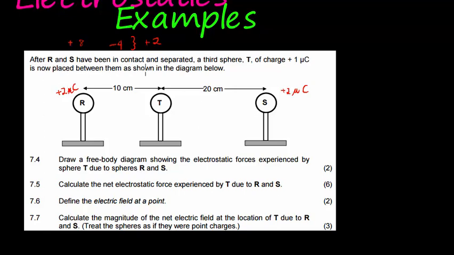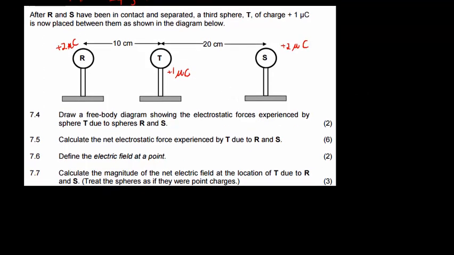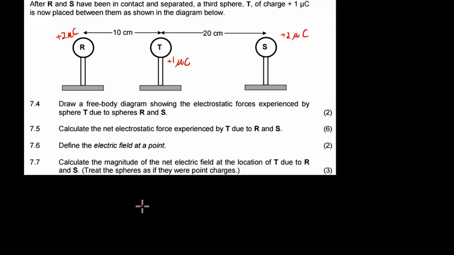After R and S have been in contact and separated, a third sphere T with a charge of +1 microcoulomb is now placed between them as shown in the diagram below. Draw a free body diagram to show the electrostatic forces experienced by sphere T due to R and S. So the free body diagram would just be like this. Here's my sphere T. It has a positive charge, and both of these have positive charges.